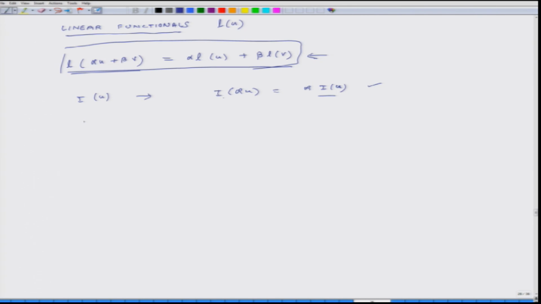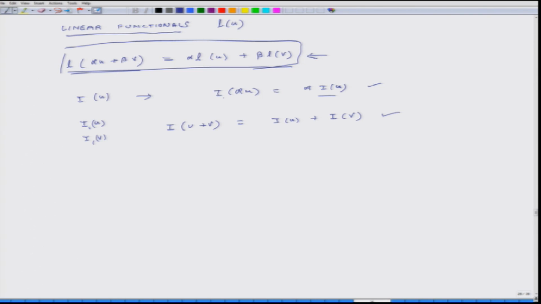The second thing is, if I have a functional of u and I also compute it for another function v, right. So, this is I1, this is I2. So, I compute two different values for I1 and I2, and then what I do is I compute I for u plus v, then this will be equal to I of u plus I of v.